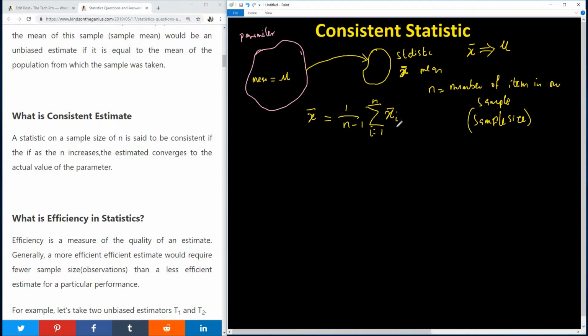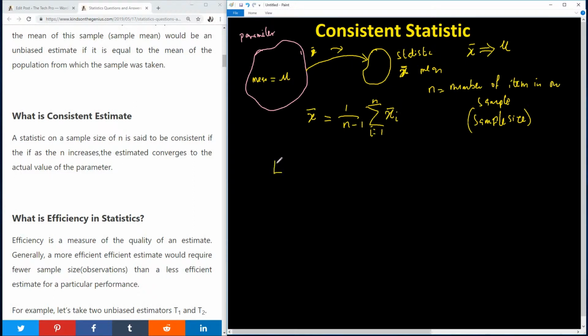So what is x_i? x_i is the expected value of an item taken from this population. Remember, we are taking items from this population and moving them into the sample. So if we are taking out an item from this population, the expected value of the item will be mu.